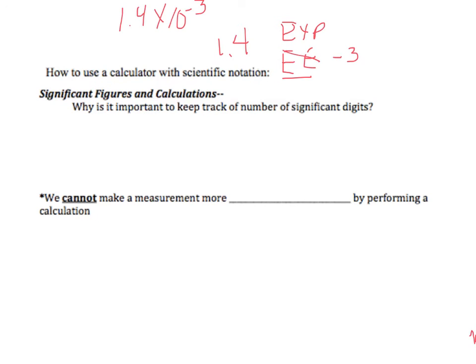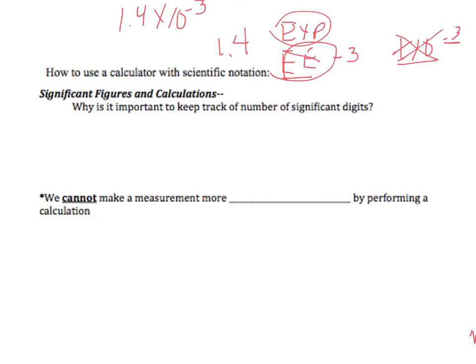What you don't ever want to do is say times 10, because if I say times 10 and then minus 3, it takes the minus 3 exponent and multiplies that times 10, which makes it times minus 2. So do not use the times 10. Also, I don't recommend you use the caret. You've got to use the EE or the EXP key.